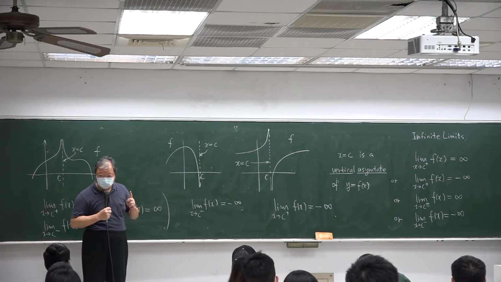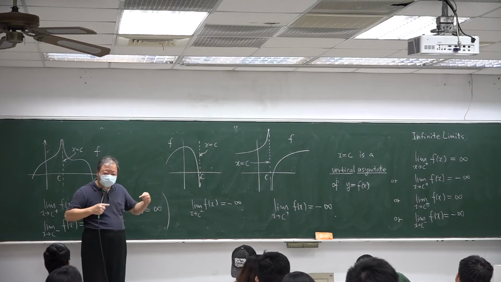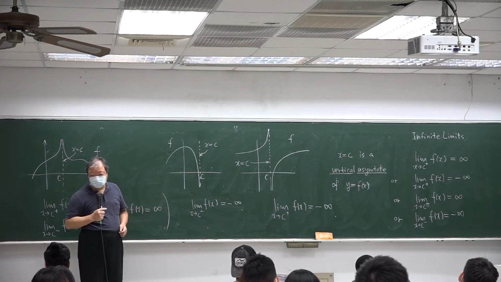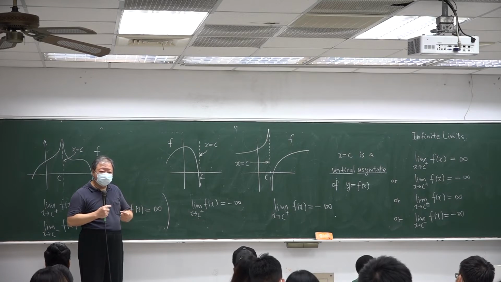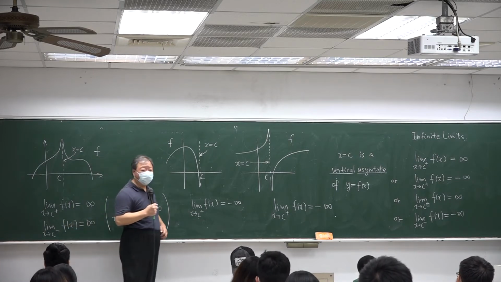Limits at some finite position. Two-sided limit or one-sided limit. Limit of a given function at some finite point from the left or from the right. Okay.